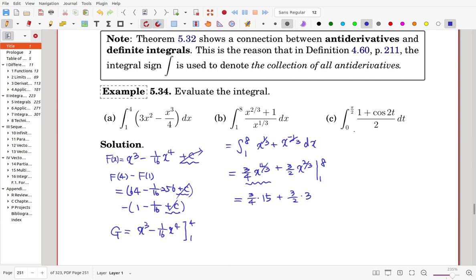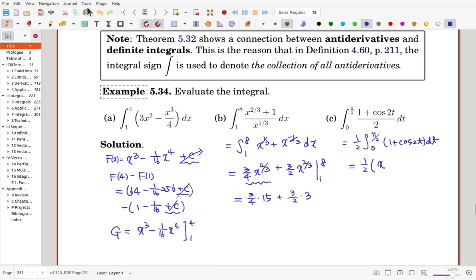Now, for this one, you can write it in this way. A half comes out, from 0 to pi over 2, and then there is 1 plus cosine 2t, dt. Now for that one, the half is there, and then that is x.